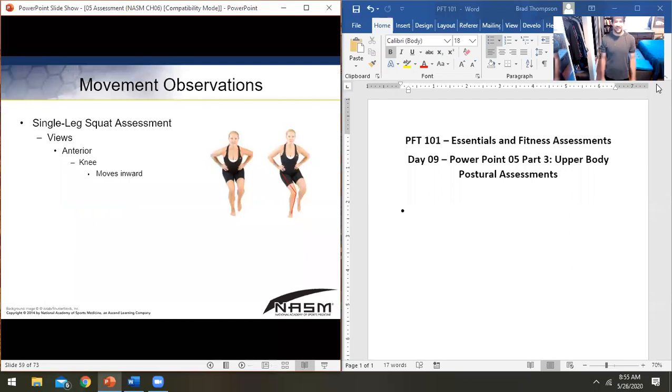So we talked about the single leg squat, which when you're observing it is designed to assess your balance and stuff. But it has the same movement compensations present as a regular knees cave-in situation like we built on Friday.